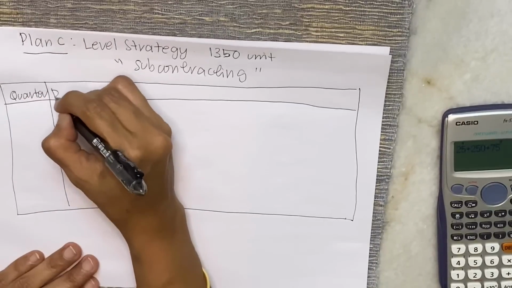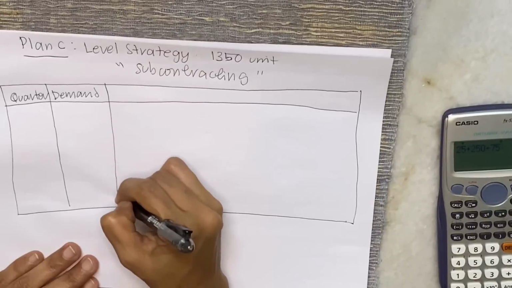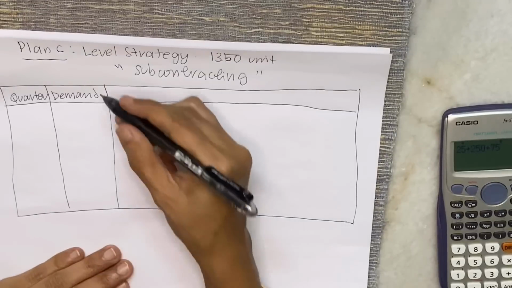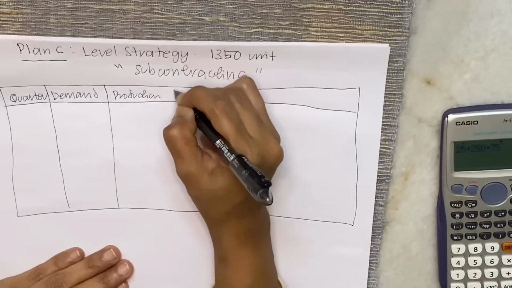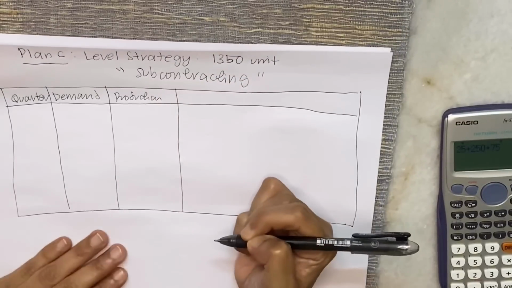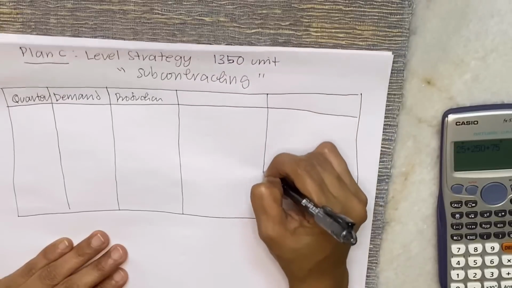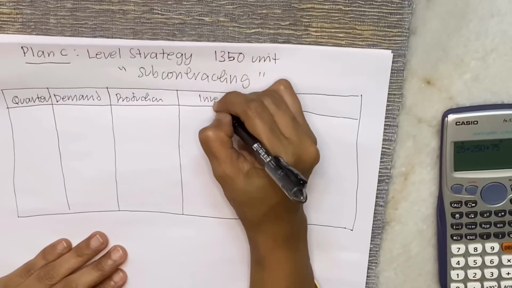Okay, we got the demand, right? Then what else? We got the production. Then we got the, okay, before we go to the subcontracting though, we have to look into our inventory.